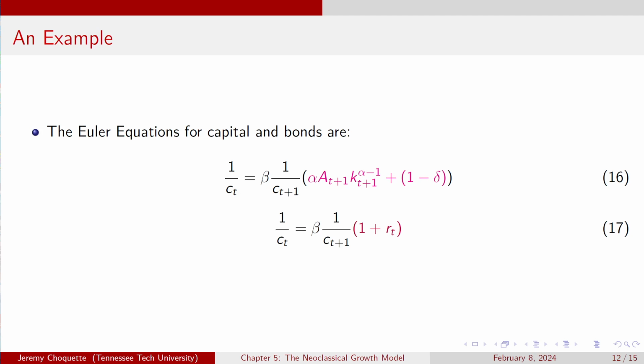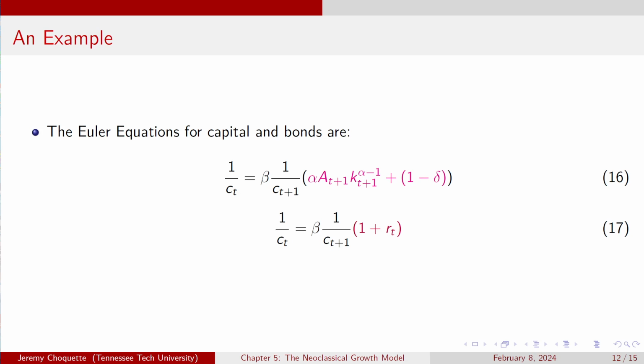When you write it that way, and you look at equations 16 and 17, nothing is different except what's in those parentheses, right? But here's the thing. If nothing's different except what's in those parentheses, and you've got ct and ct plus 1 and beta in each of these, then doesn't that imply that what's in pink in equation 16 and what's in red in equation 17 are equal?